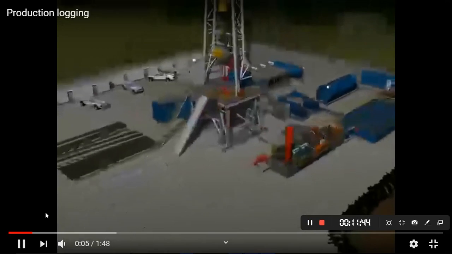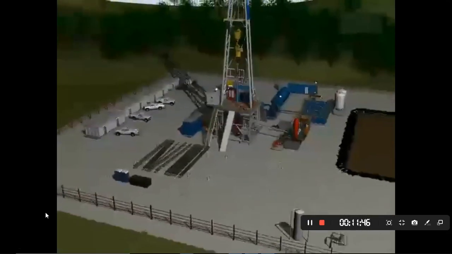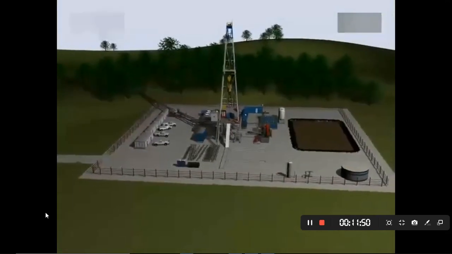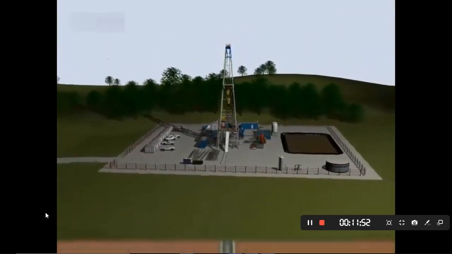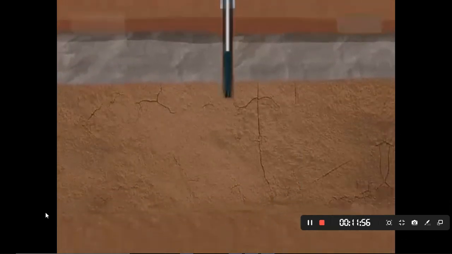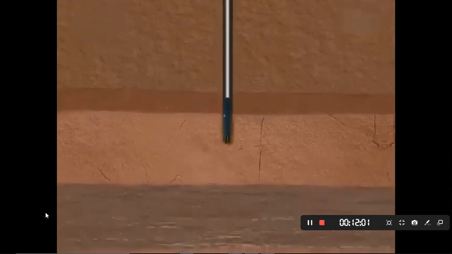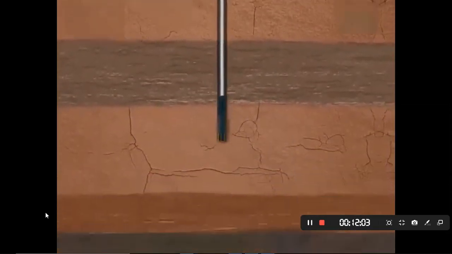Look at this production logging tool. This is production while drilling, production logging while drilling.